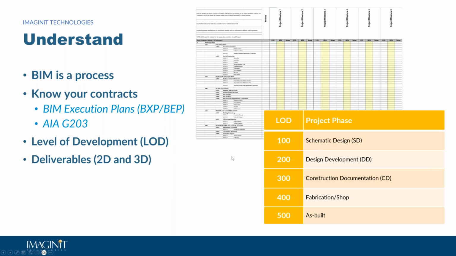So that's why it's really important to understand the contract requirements, and from an owner standpoint, know what you're asking for. Do you need LOD 500? How are you going to support that? A lot of times the LOD 500 might not require as much detail as, say, 400, but we just need to have a geometric and accurate representation of an object within a physical space.